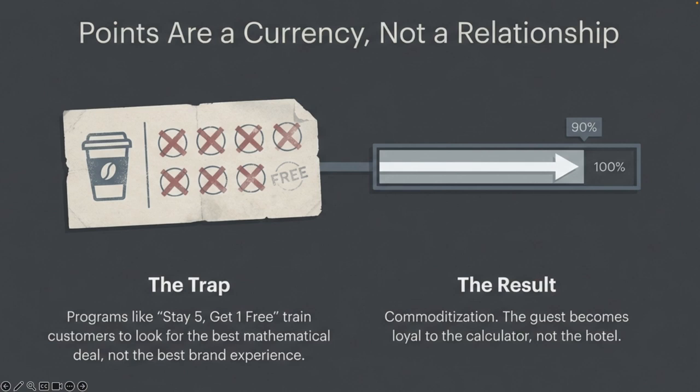So the trap programs like stay 5 nights, get one free, in a way, make customers feel they can always get the cheapest deal. You've got to be careful with that, because you don't want your brand to be associated with cheap, cheap, cheap, right? Because what happens if you keep competing on price? Your profitability goes down and your brand is damaged.